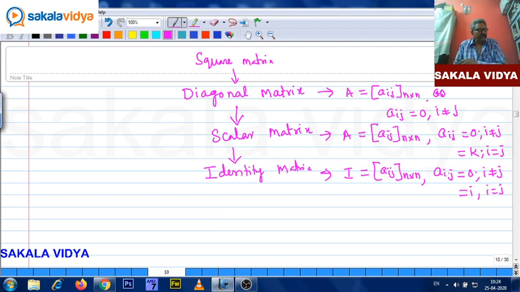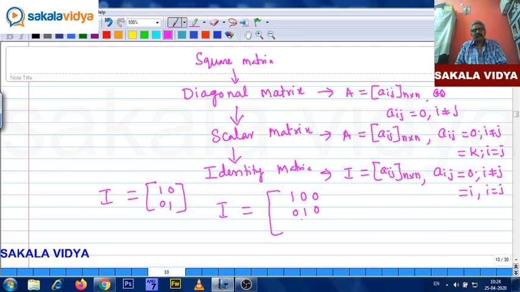This is called the identity matrix. Generally the identity matrix orders will be like this. Second order is 1 0 0 1. Third order identity matrix is 1 0 0, 0 1 0, 0 0 1. So this is the identity matrix.